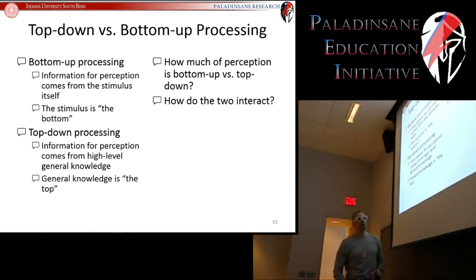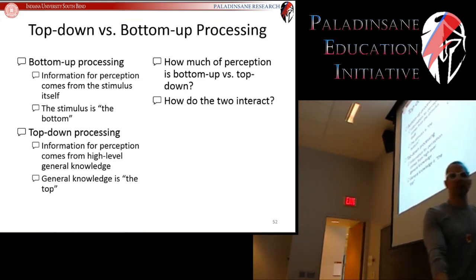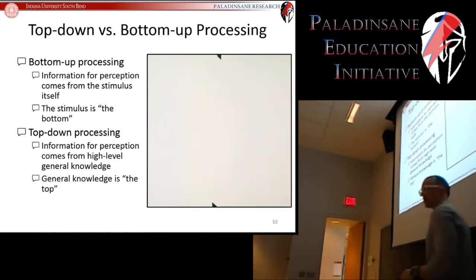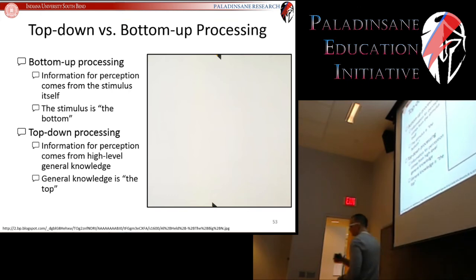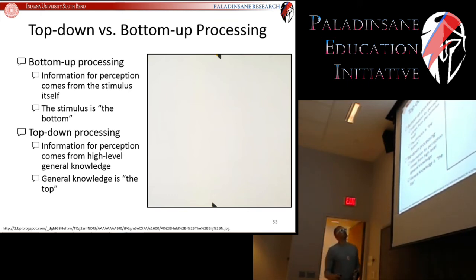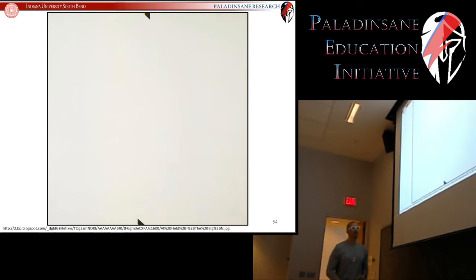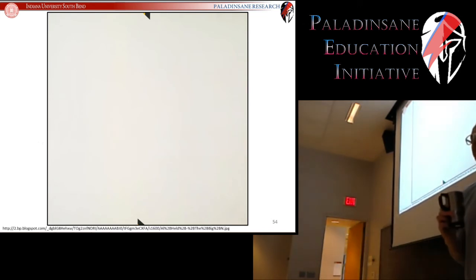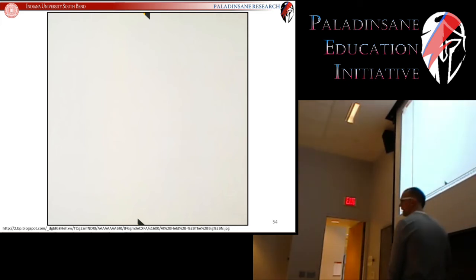So I'll give you one last example to show you the power of top-down and bottom-up processing. This is another example of perception. I'll zoom in on this. This is a very, very famous painting by an artist called Held.